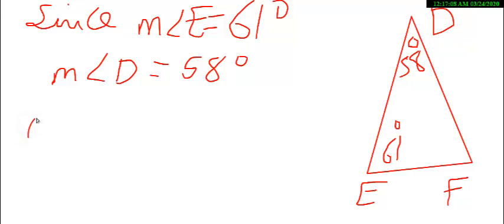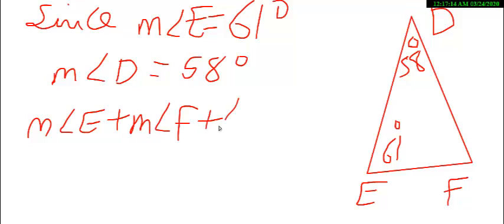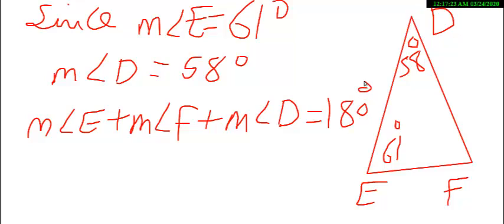So I'm going to say measure of angle E plus measure of angle F plus measure of angle D equals 180 degrees.